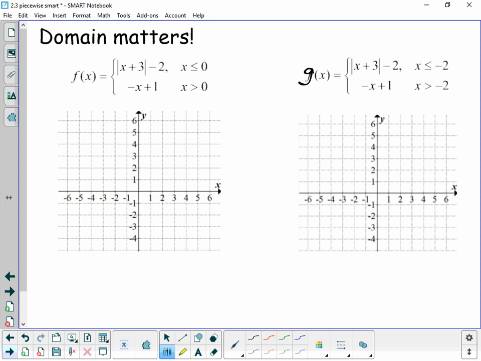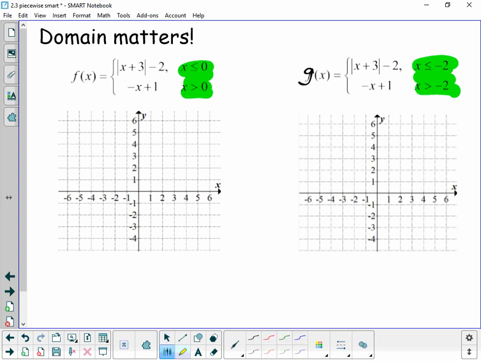They both have part of an absolute value and part of a line, and it's the same absolute value and line that they have a part of. The only difference is that the domain restriction here is changing at the x value 0, and here the part that we're using is changing at 2. So let's graph these two so you can see how they look kind of similar but kind of different.